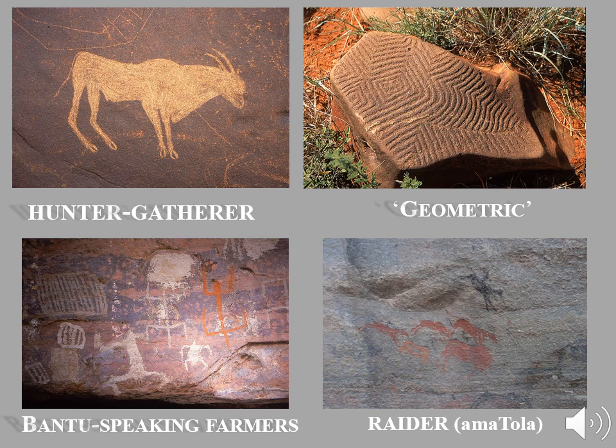The geometric or the schematic carvings, beautiful design cut out on the rock there. Then the paintings, in this case of the Bantu-speaking farmers at the bottom left, and then at bottom right you can see raider art, and if you look you can see a figure on a black horse, and then below it are other figures on horseback, and then eland being hunted.